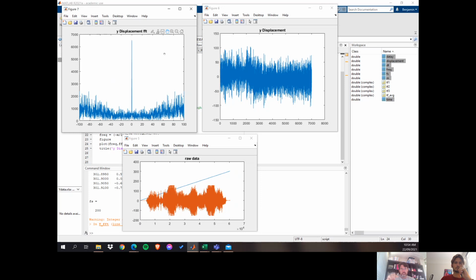You've reduced the background noise, but you still have a lot of peaks there, and they're going to be from the motors running at different speeds potentially. If you have four or five motors running at slightly different speeds, you get those different peaks. And you also have the lack of structural isolation.